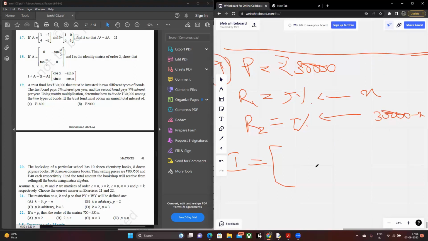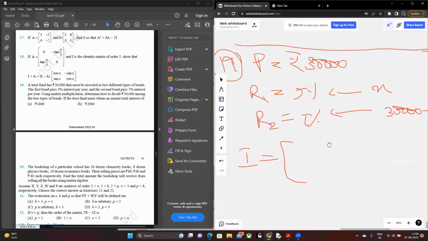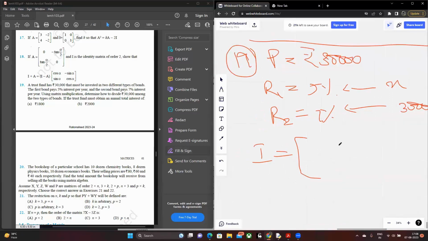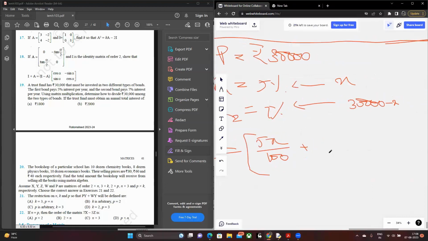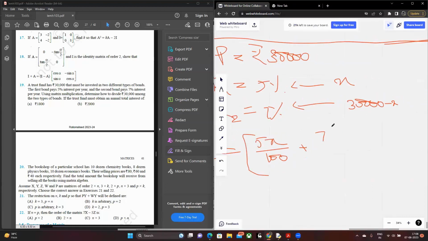So you'll basically have your interest being a singleton matrix, that is 5x by 100 plus 7 into 30,000 minus x by 100.